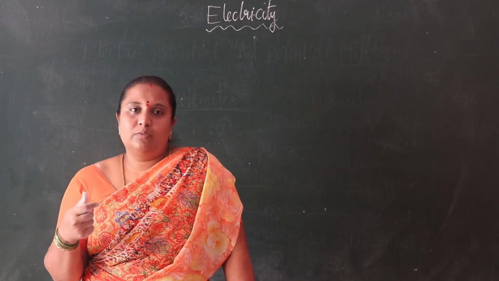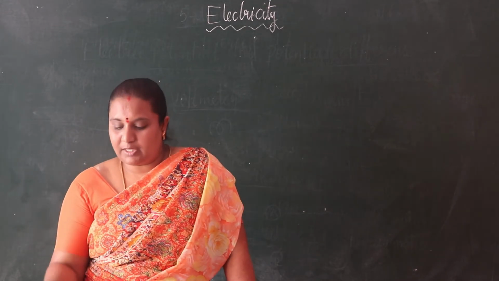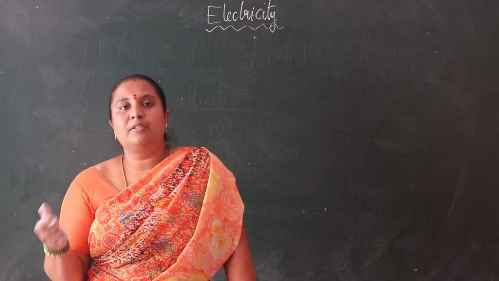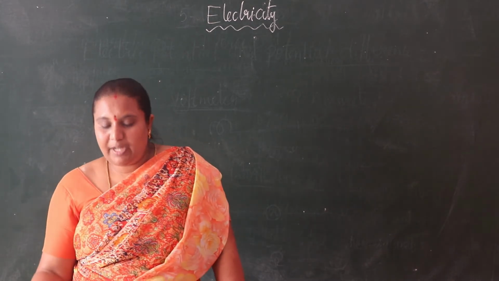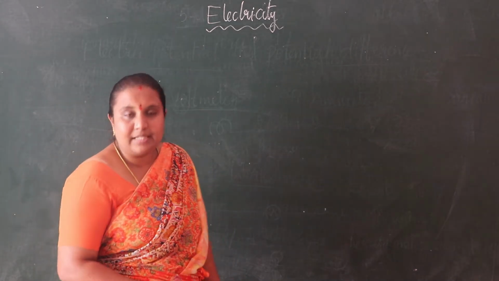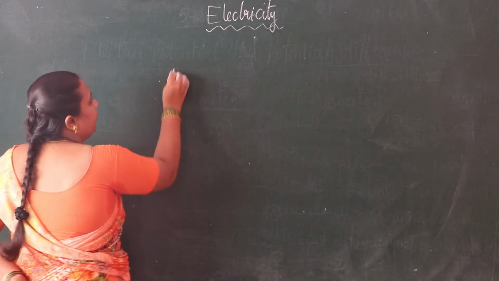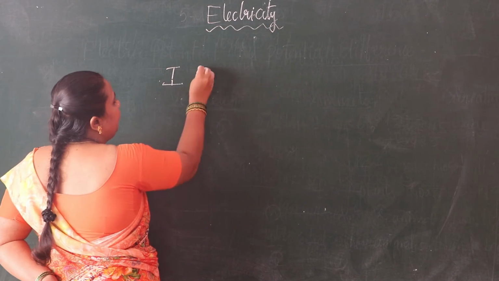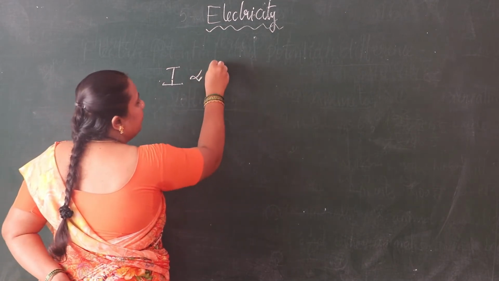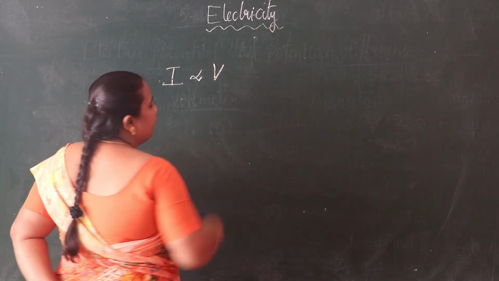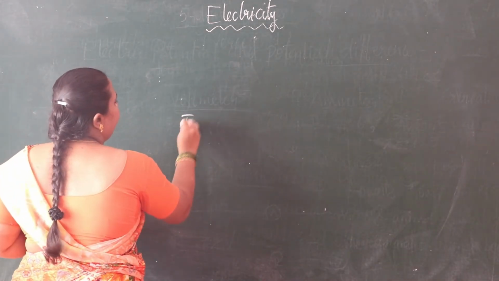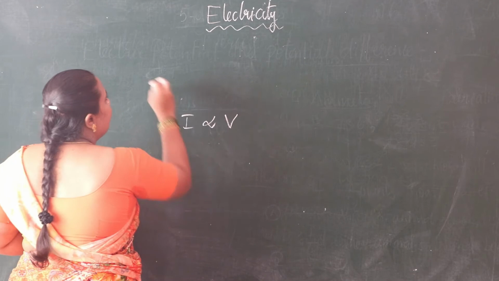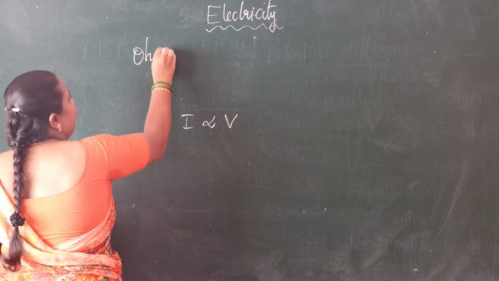So here, what is Ohm's law? The electric current is directly proportional to the potential difference between two points. That is, electric current I is directly proportional to potential difference V. It is a very important question, and a repeated question also. So what is Ohm's law?